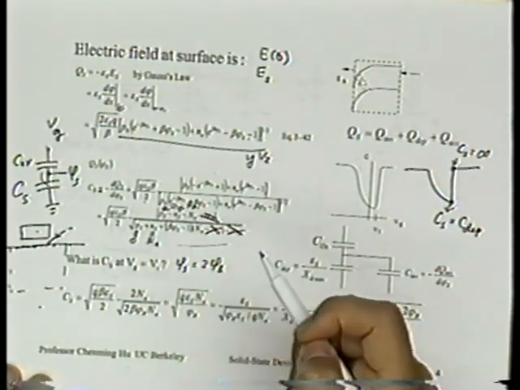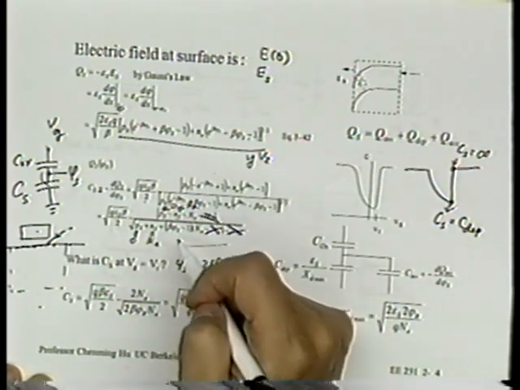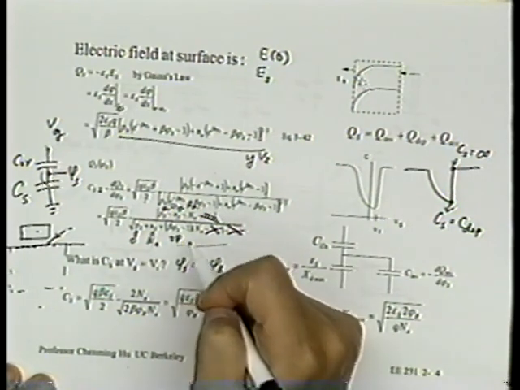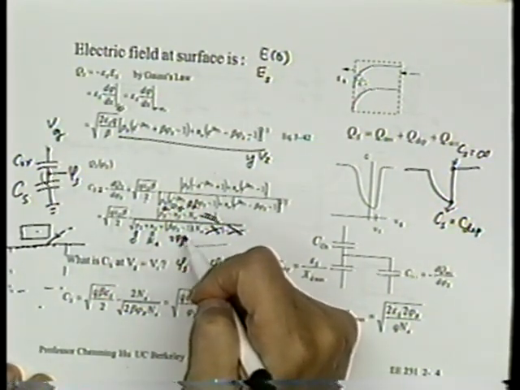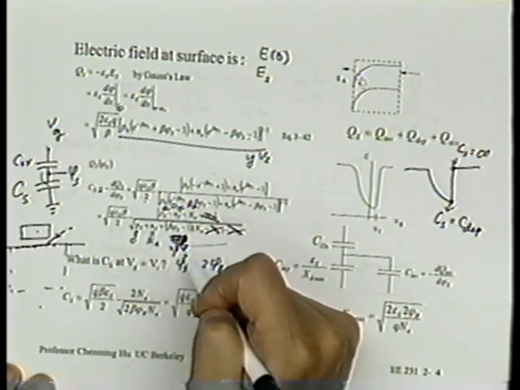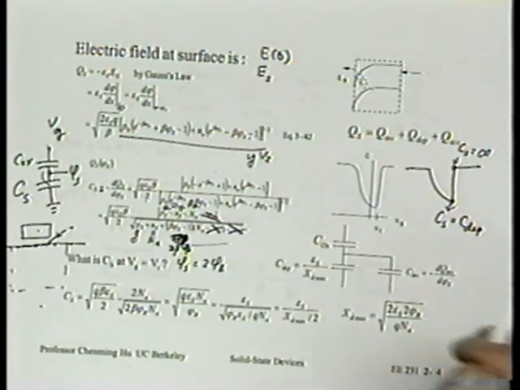What is phi s equal to at the threshold condition? It's 2 phi b, isn't that right? So 2 phi b minus 1, okay? 2 beta phi b minus 1. And we can show that the minus 1 is negligible. Let's just call it 2 beta phi b, approximately speaking. Okay? So what do we get?